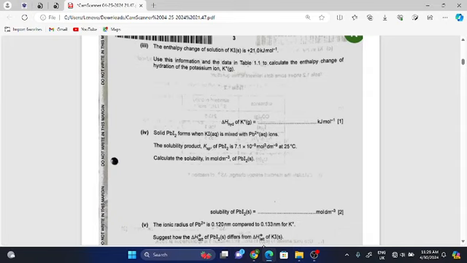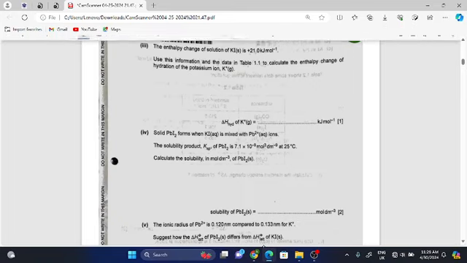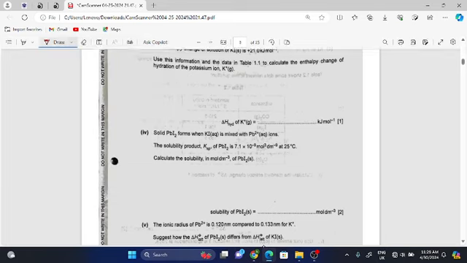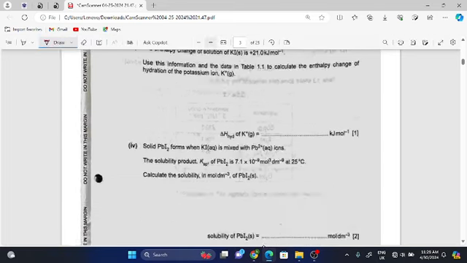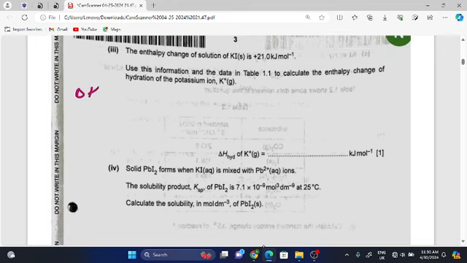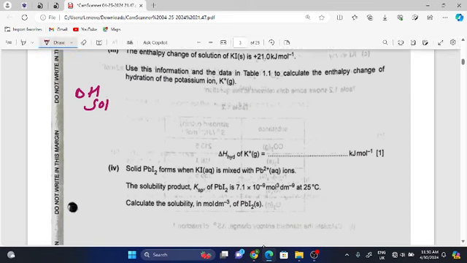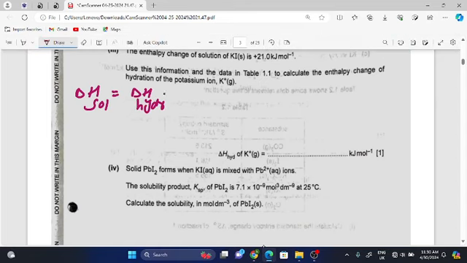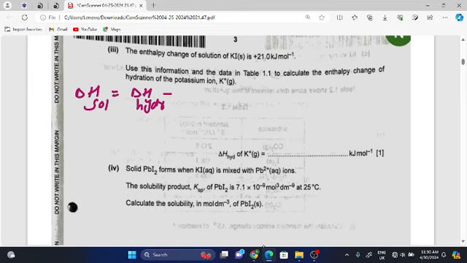First of all, write down the equation that you already know: delta H solution is equal to hydration energy minus lattice energy.